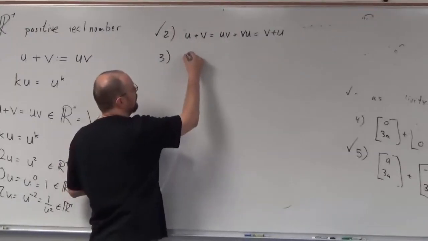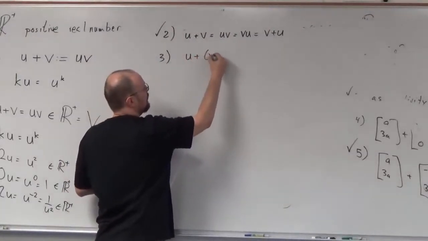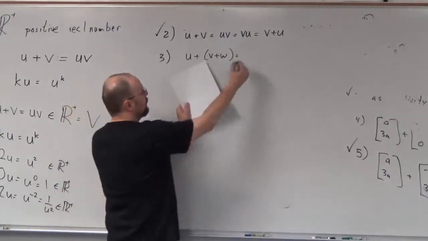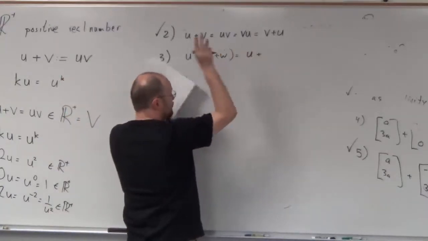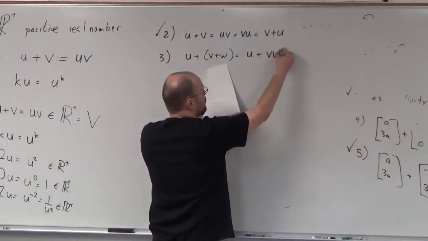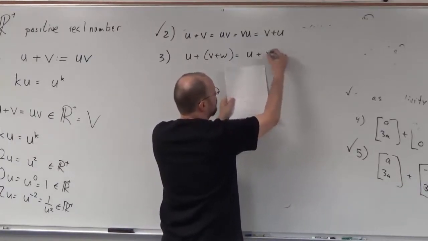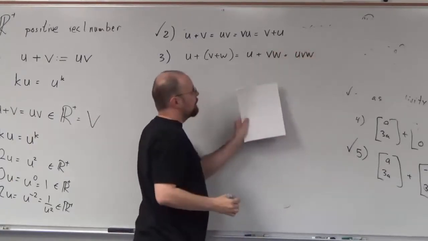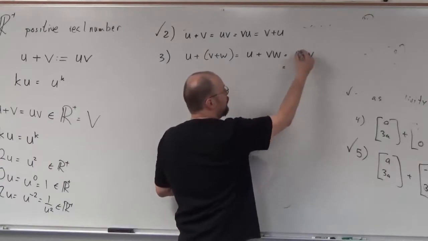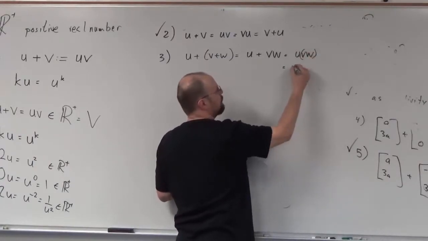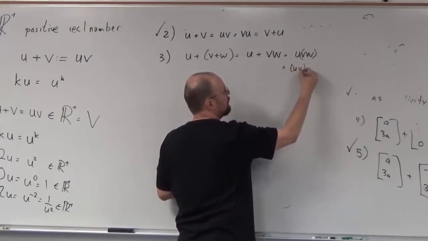Associativity stems from the associativity of multiplication, so let's define this. Here we have u plus (v plus w), which is really the product, right? Then this is the product of all three. But we know multiplying is associative, so this is uv times w.